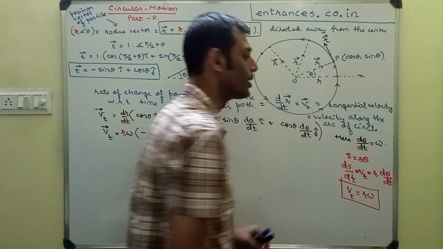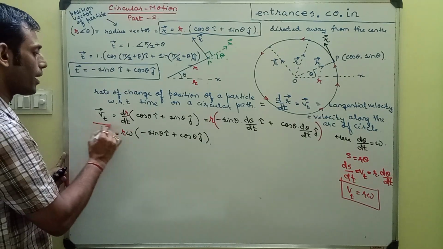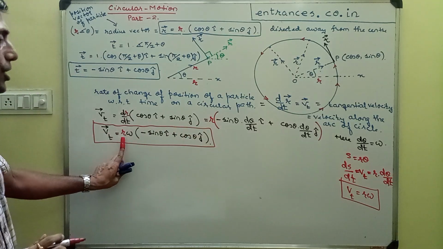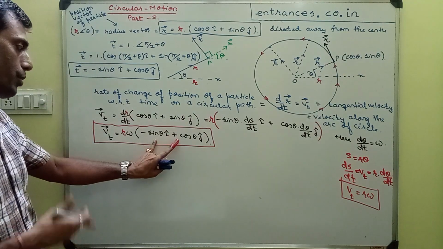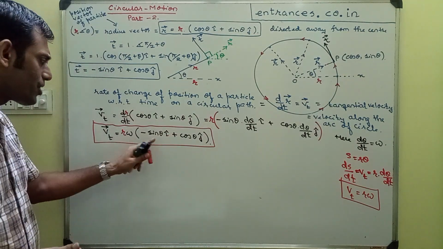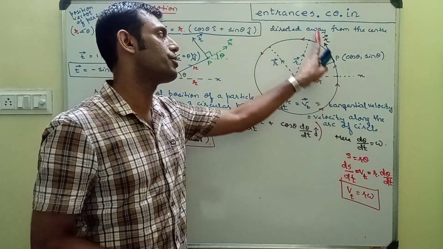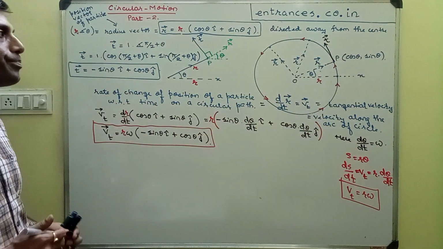This was the magnitude. It was a scalar calculation. This is a vector calculation, and here we are confirming the magnitude vt equal to r omega, and also the direction of this tangential velocity, which is along the arc in a tangential direction along the path of motion of the particle.